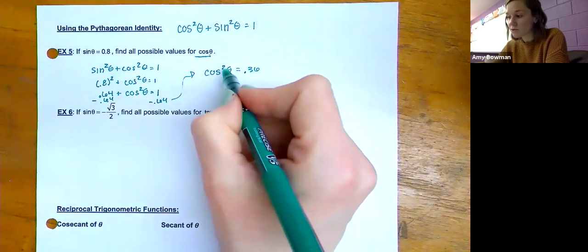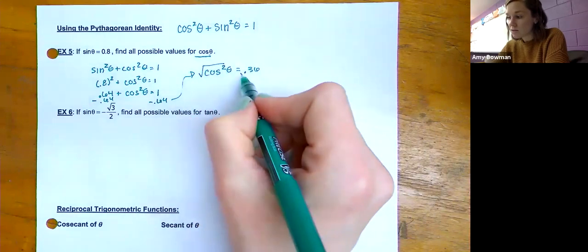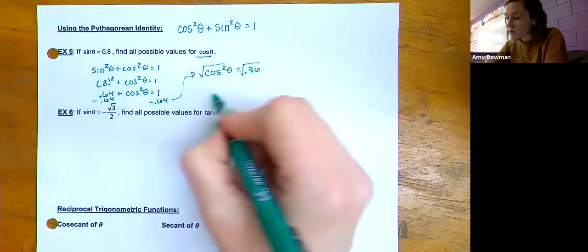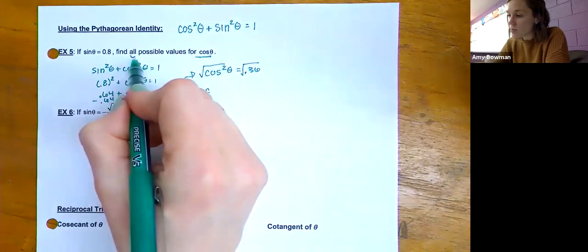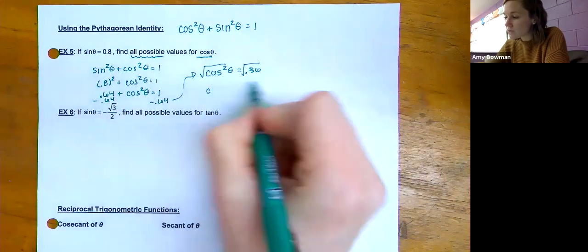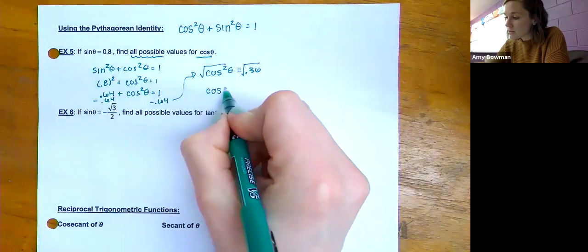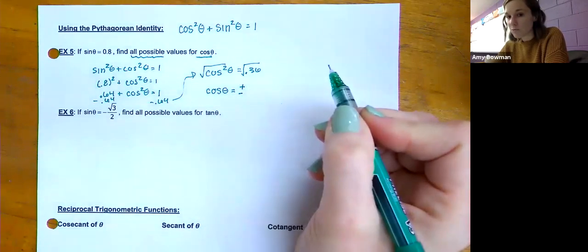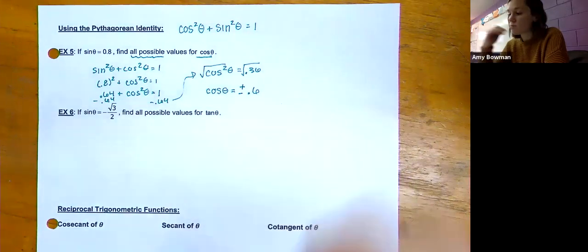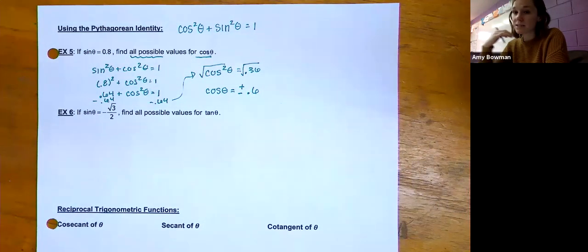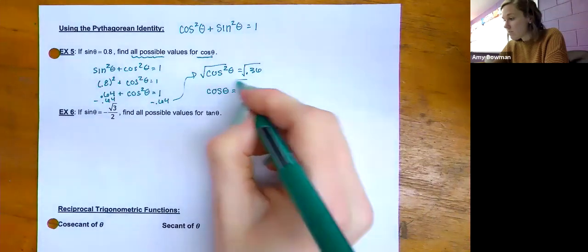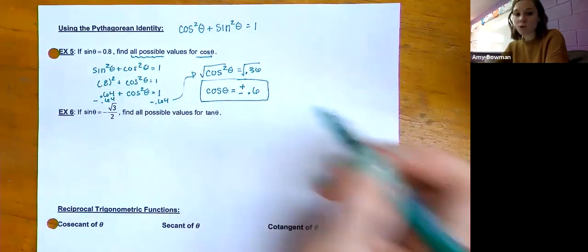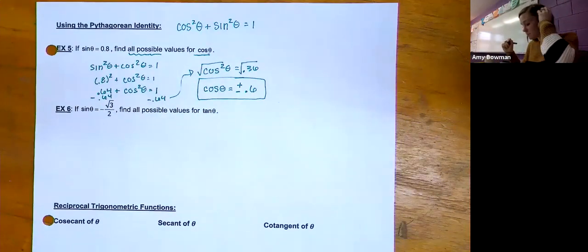So I need to undo squaring, which is just taking the square root. And don't forget, here's why you were told to find all possible values, because when I take the square root of both sides, I have to account for both the positive and negative root of the square root of 0.36, which is 0.6. So cosine theta may be positive 0.6 or cosine theta may be negative 0.6. We have two possible options there.